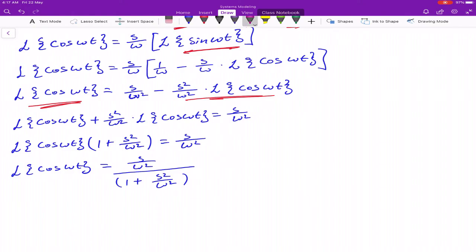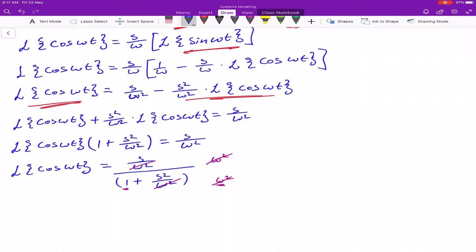Let me take a different color. Omega squared here, omega squared here. That and that is going to cancel out. Omega squared is going to come here, and the other omega squared I'm going to cancel out with that.